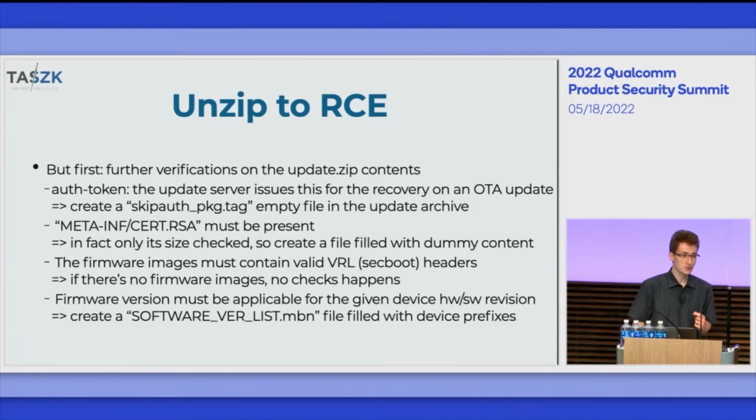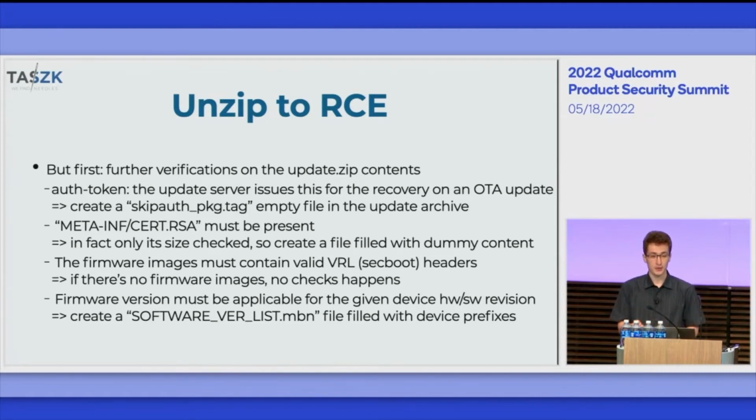And maybe the most serious of these verifications is the auth token, the authentication token. Huawei issues an authentication token for every legitimate update, whether it's from the OTA server, an incremental update or a full update.